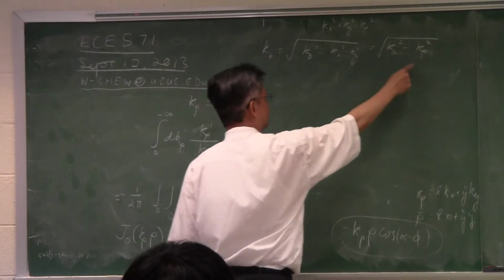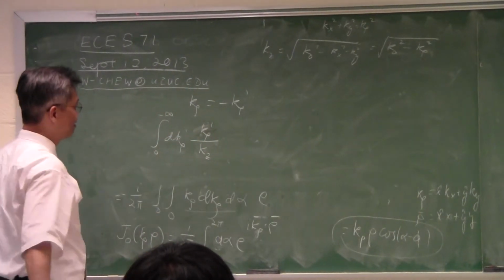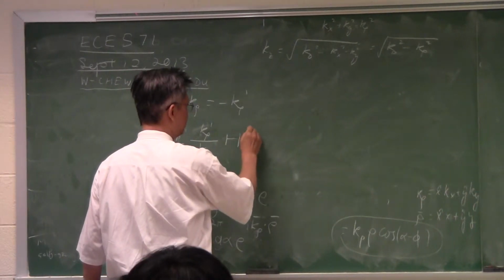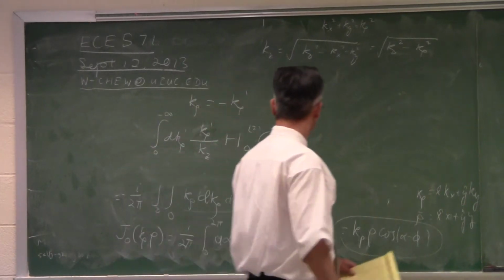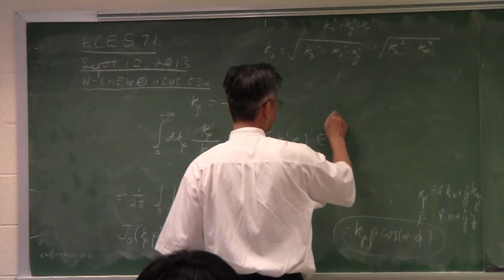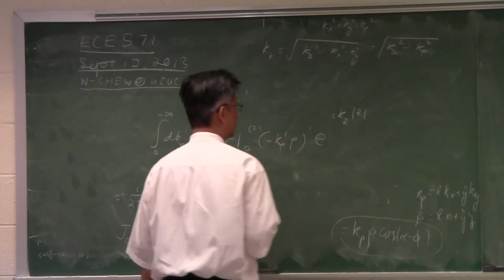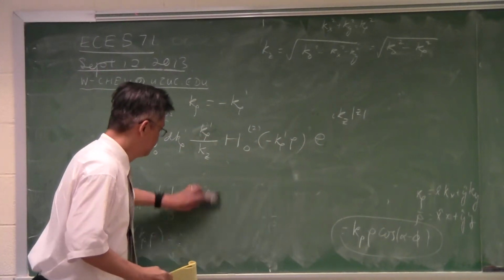So you change k rho to minus k rho prime, it doesn't matter. Kz remains the same. Okay? Then I will have h02 of minus k rho prime rho. Okay, the argument of this would change, fine. And then I would have e to the i kz z. Kz doesn't change.